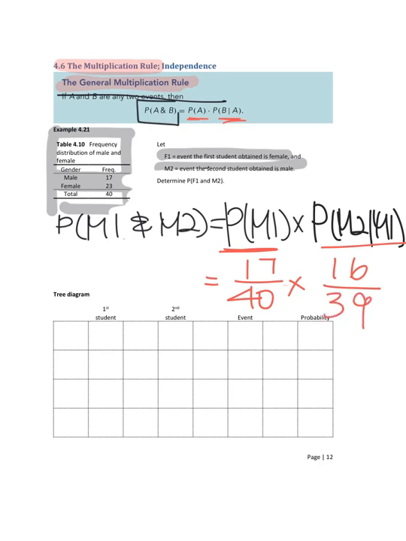Yes, without replacement. The other one is with replacement. That means he goes back. Then the second conditional probability will be 17 out of 40 again, with replacement. But this example, 4.21, is without replacement. Then by the general multiplication rule, we can take the joint probability, M1 and M2.